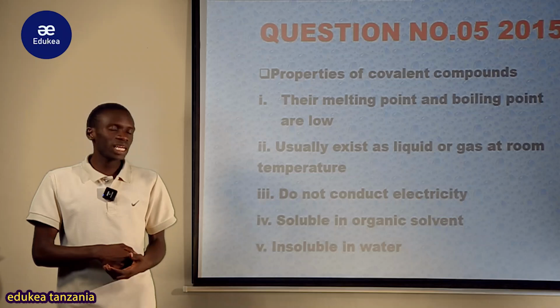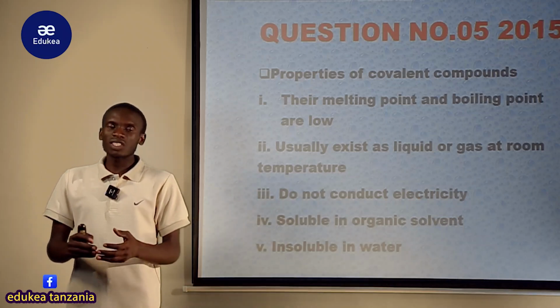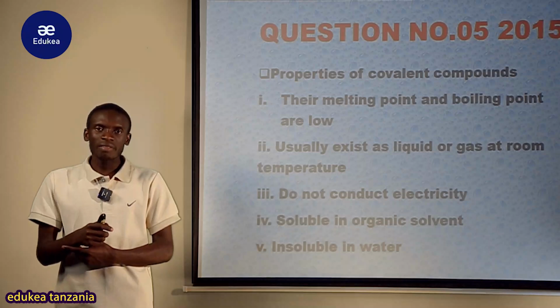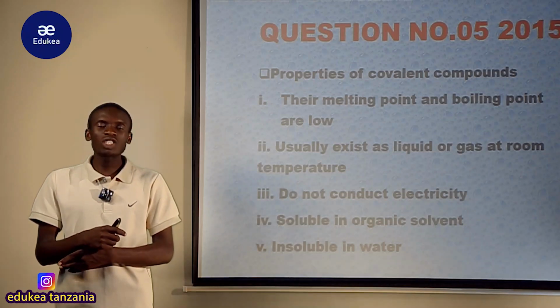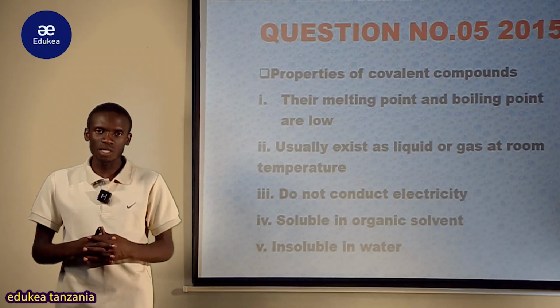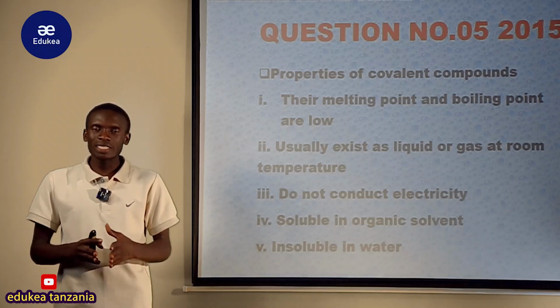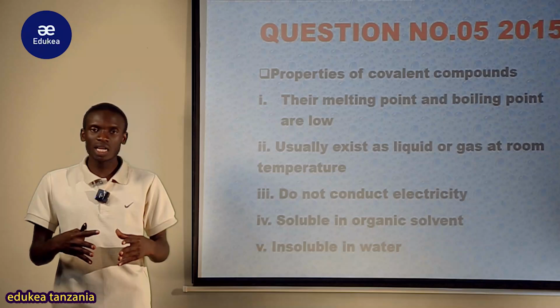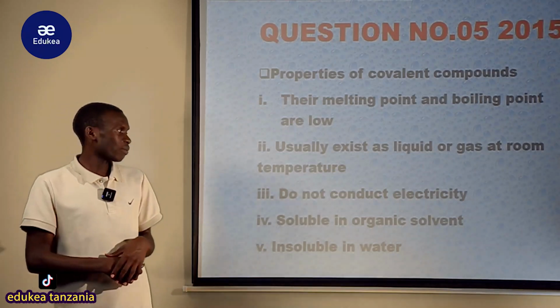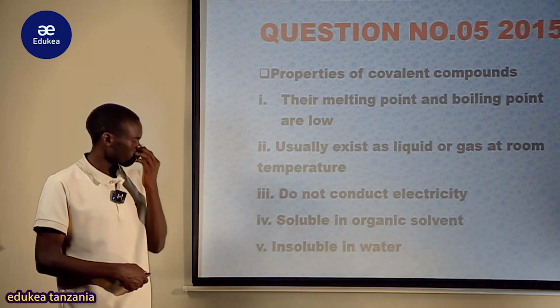Do not conduct electricity. Since there are no free ions to move, they are not able to conduct electricity, kwamba hazipitishi umeme hizo covalent compound. Kwa mfano hizo gesi zenyewe haziwezi kupitisha umeme, even also heat.